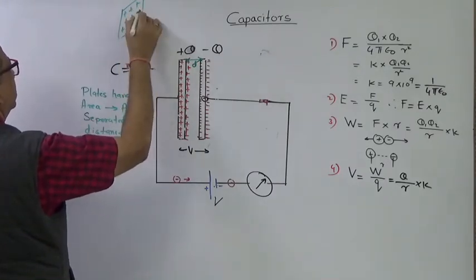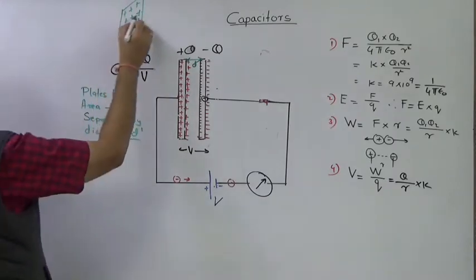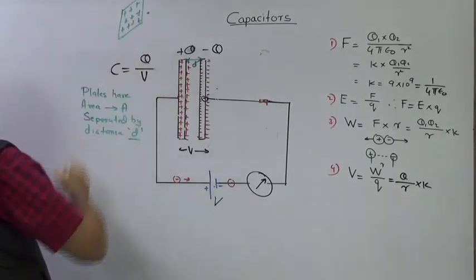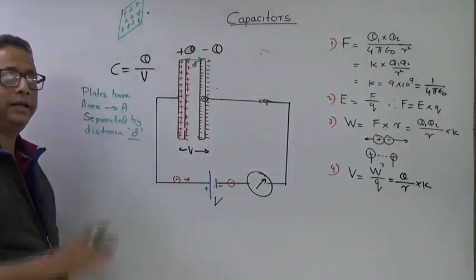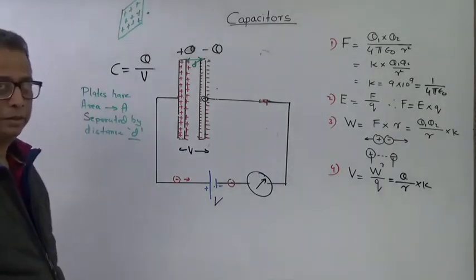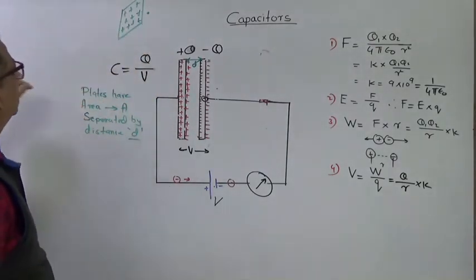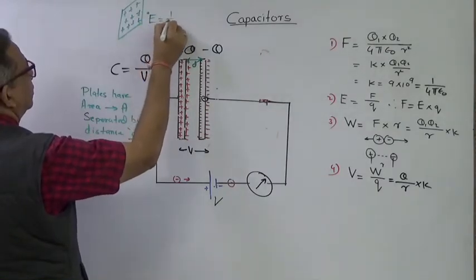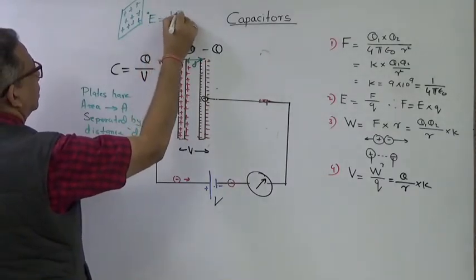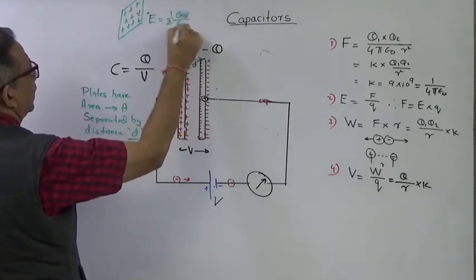If you remember this equation, there was a plate full of charge, and at a particular point P outside the plate, what was the electric intensity due to that charged plate? It was a positive charge plate on both sides, and the intensity E was given as 1/2 surface charge density upon epsilon naught.